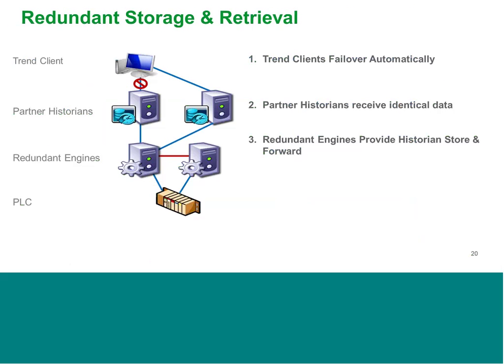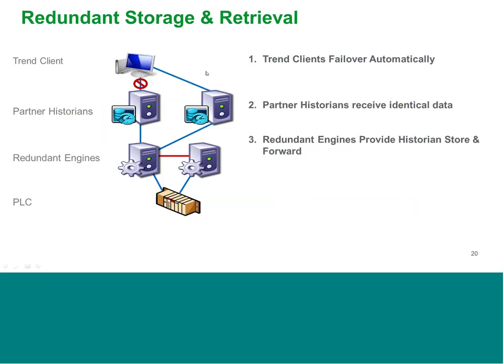We also have redundant retrieval, which means that those engines that provide the store and forward data to the historian can be made redundant so that there's no single point of failure. And those engines can store and forward the data to two historians. We call them partner historians. The beauty of that is for operational trending, if I'm trending off my primary historian and for some reason I lose the connection to my primary historian, the trend will automatically fail over to my partner historian, and it requires no operator intervention.